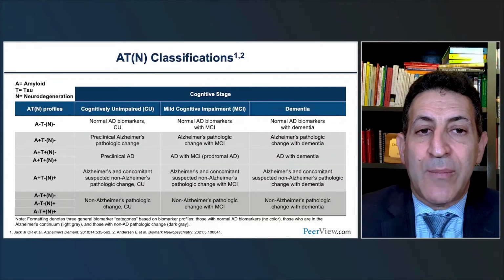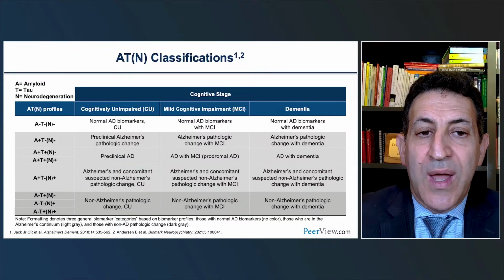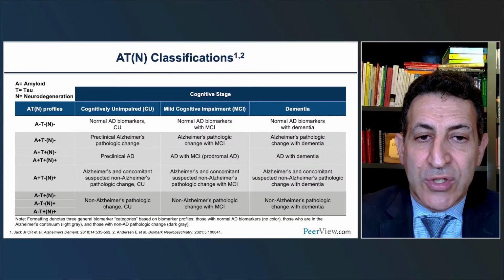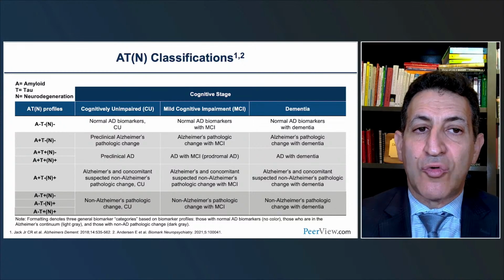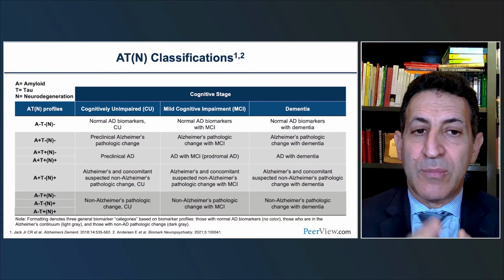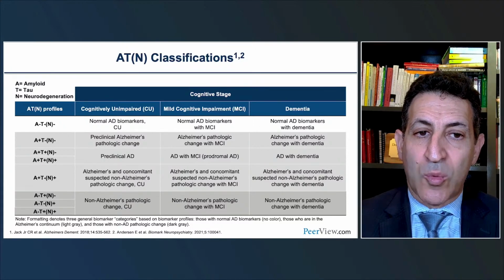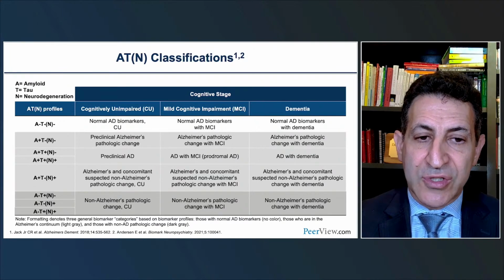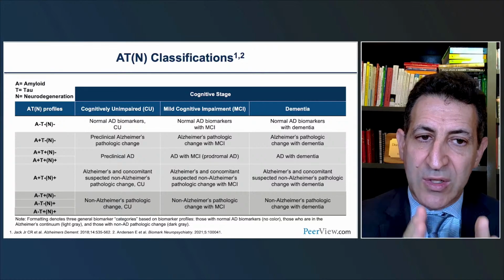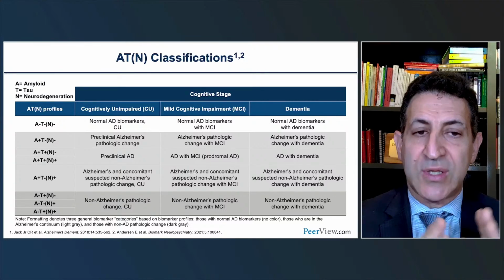A stands for amyloid, T stands for tau, and N stands for neurodegeneration. And if you look at this graph, this table, from left to right, you see there's the white line, there's the light gray lines, and then there's the dark gray lines. And so I wanted you to direct your eyes to the left side.